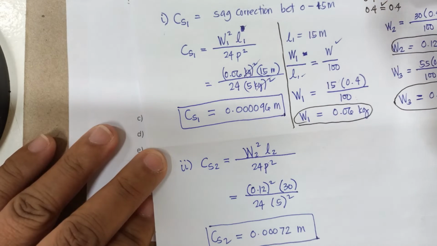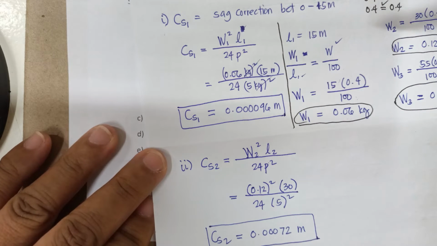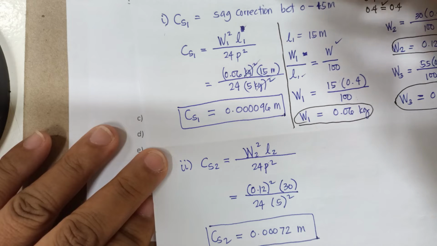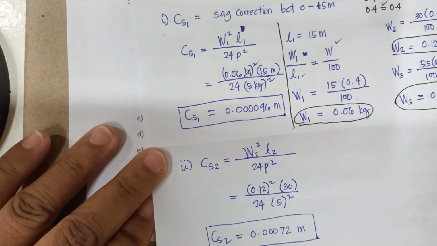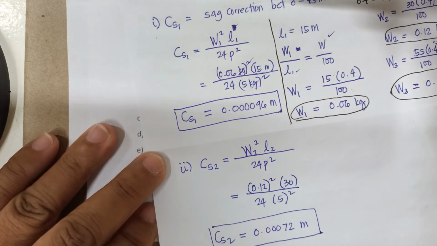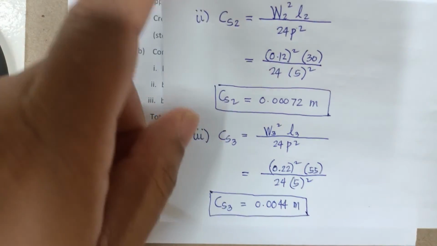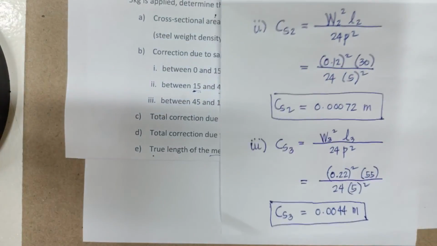It's not yet the total tape length. Essentially we need the correction per tape length, and to get the correction per tape length, we need the correction per support. So that is what we did in item B.